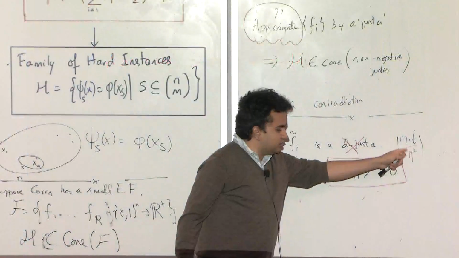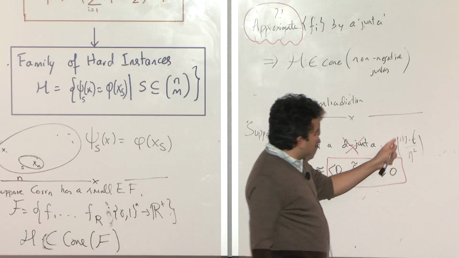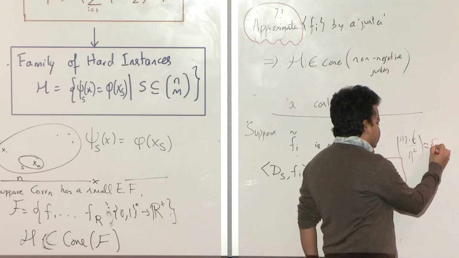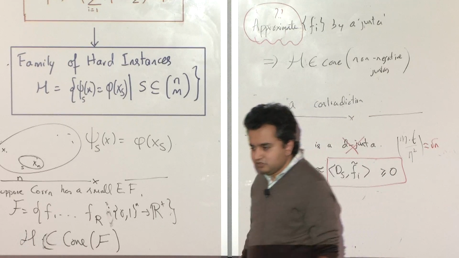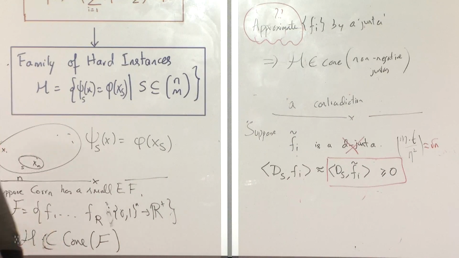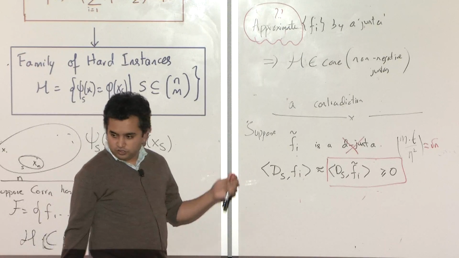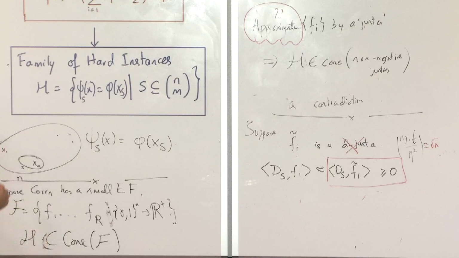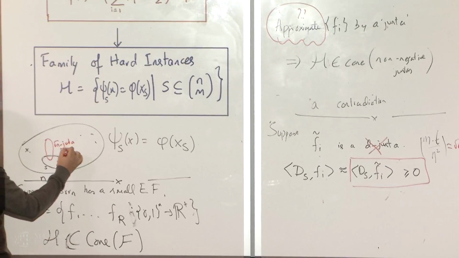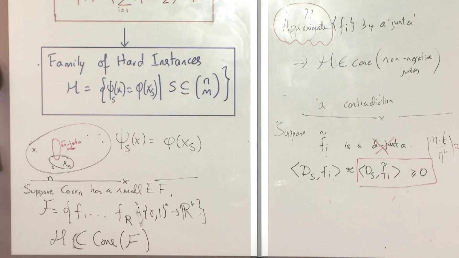If this number looks complicated, think of it as like root n, something much smaller than n. So you constructed an approximator for each of the fi's, which is like a root n junta. Each fi tilde depends on a subset of size root n.